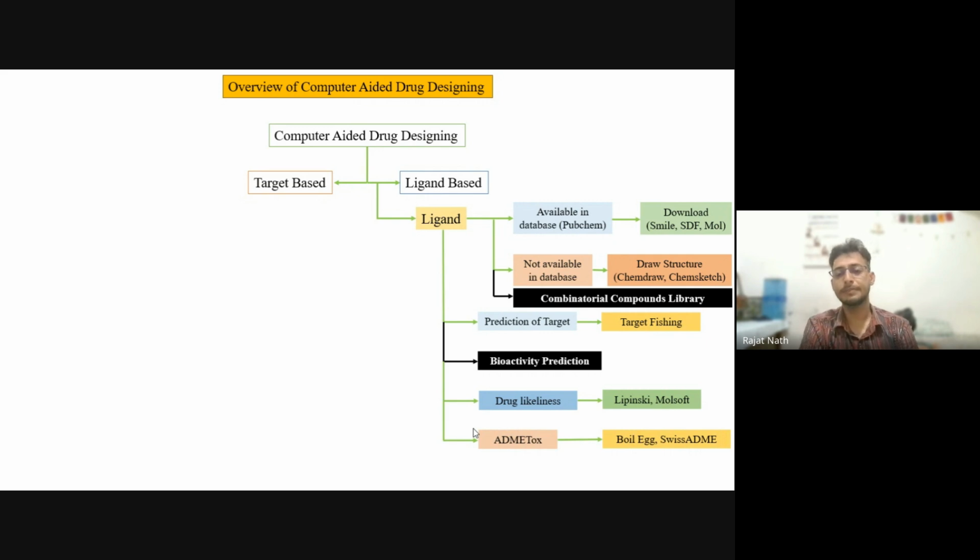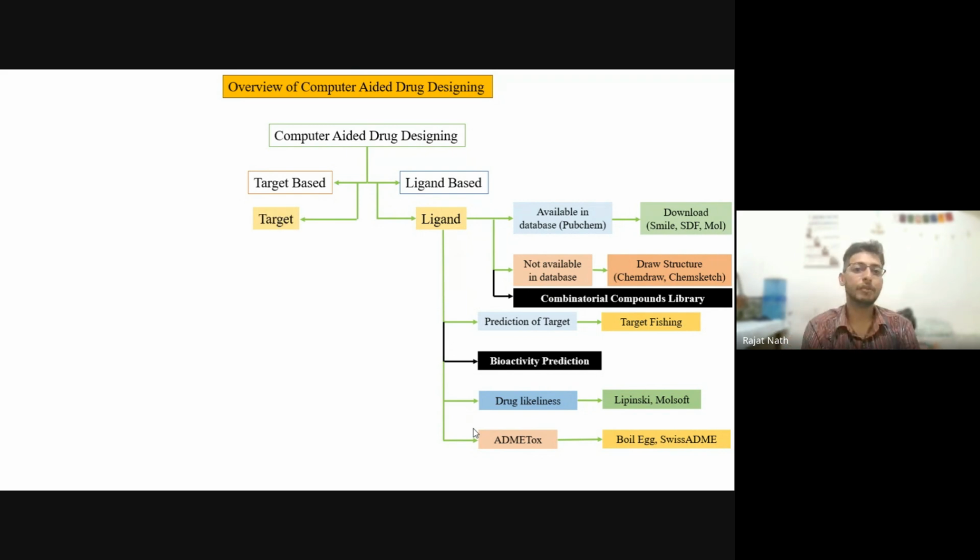So metabolism is very important to become a drug. And excretion: the compound should be removed from our body after its activity is done. So your ligand should have a good excretory profile. And toxicity is most important. We have to see whether this compound has any other toxicity in our body or not. So that also we can do by computer drug designing.